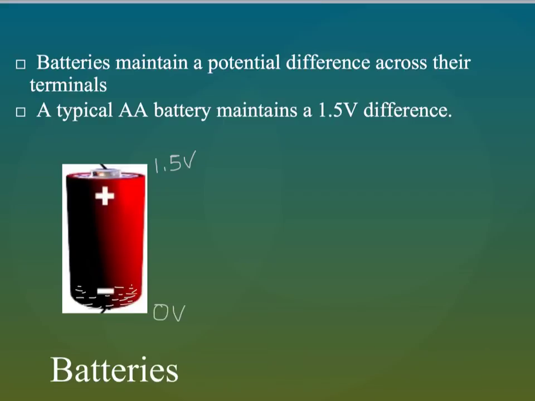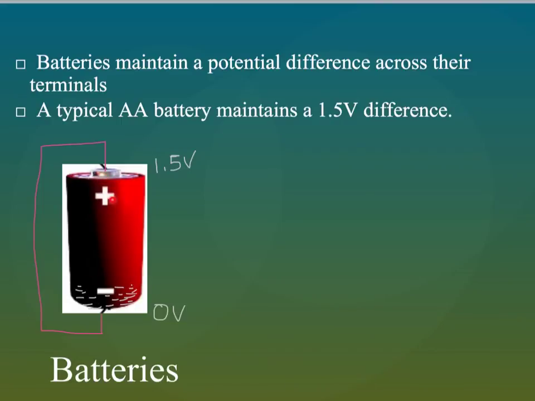Then when you take your battery and plug it into something and connect it, all these negative electrons here want to move through this wire so they can get to the positive side. So you've created an electric field in your device that essentially pulls the electrons around until they get to the other terminal of the battery.